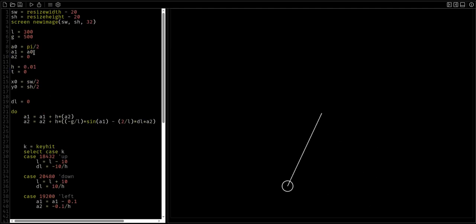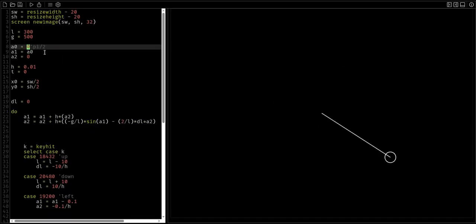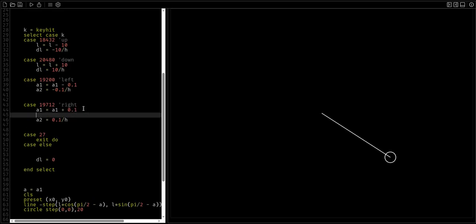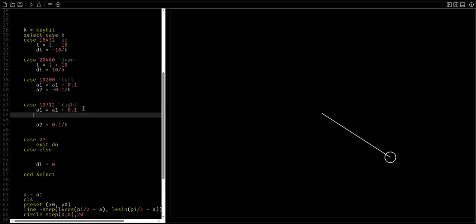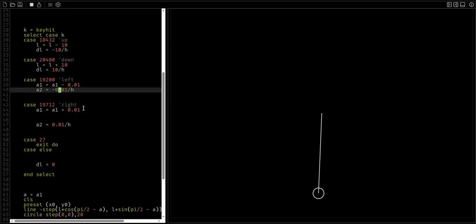So let's start with an initial condition of 0. So that was me pressing the left and then pressing the right.